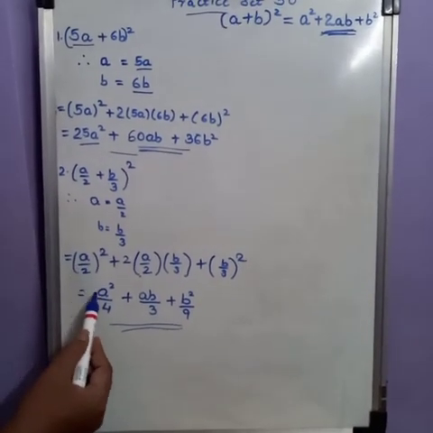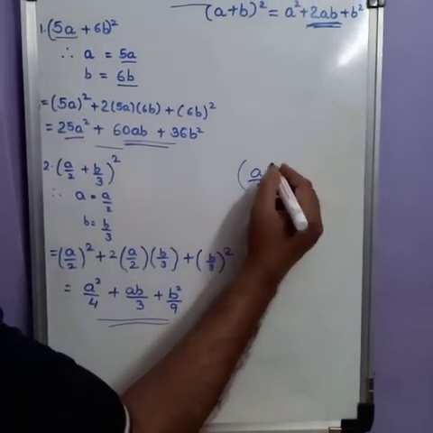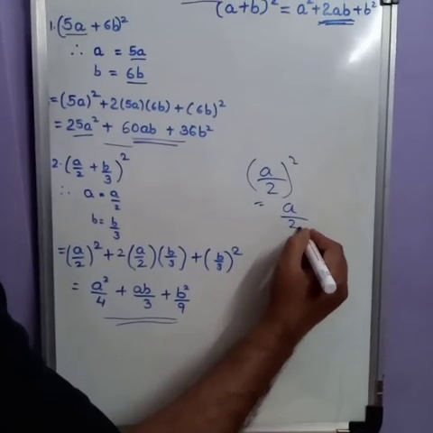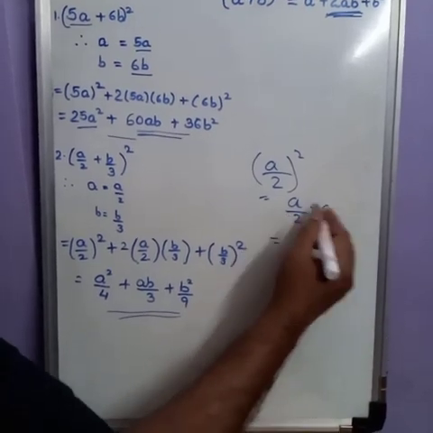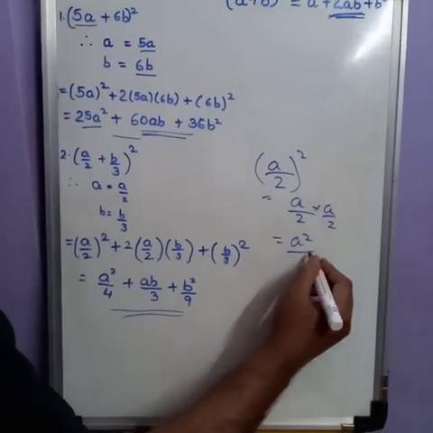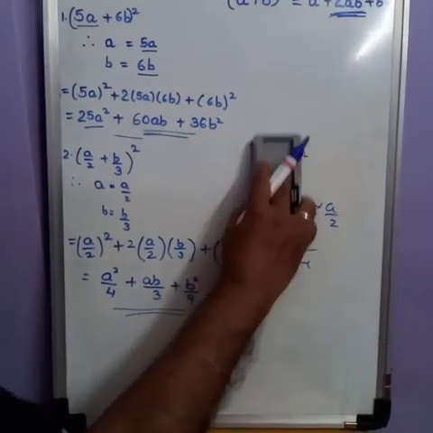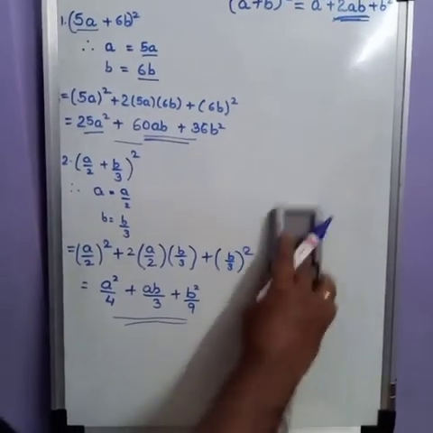So here (a upon 2) the whole square, that comes up to a upon 2 into a upon 2, that is a into a, a square, 2 into 2, 4, a square upon 4. What's the next one?